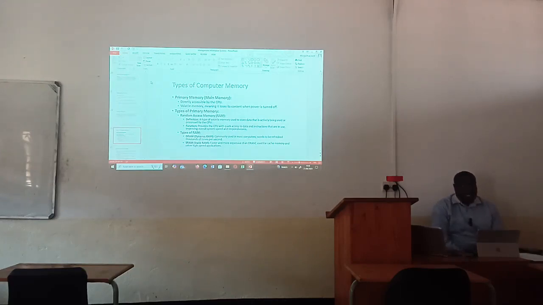Okay, it's volatile in the sense that you can lose the data once there is no power, or if you switch off the computer, everything that was in memory gets lost. It only retains values when there is current passing through it.